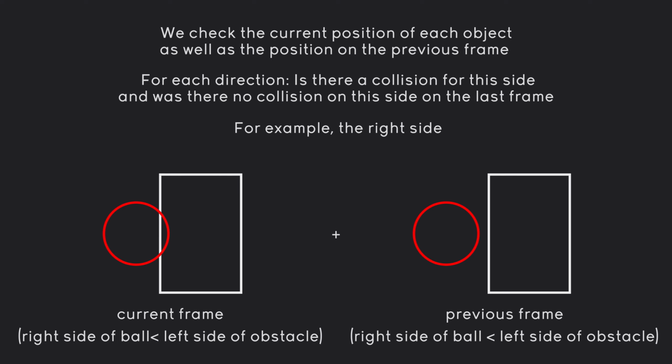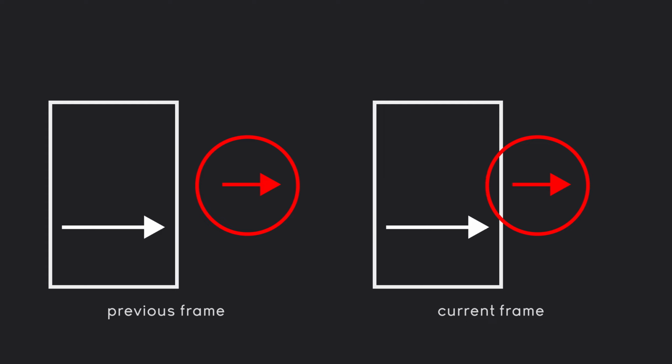And now, again with the same example, we have a ball moving to the right and we have an obstacle moving to the right. And the obstacle moves a tiny bit faster. And on the old frame, the obstacle is just to the left of the ball. And then in the current frame, the obstacle is just overlapping with the ball on the left side.